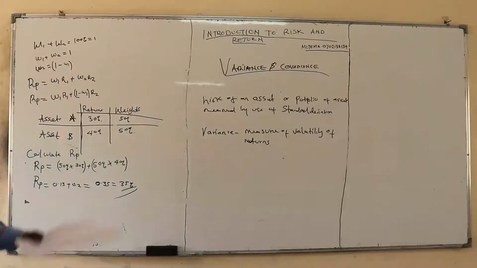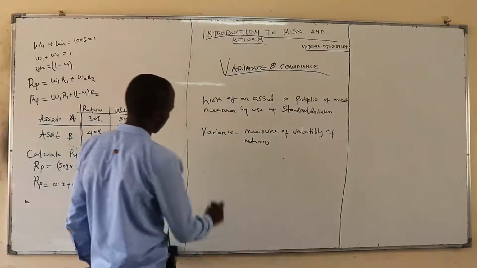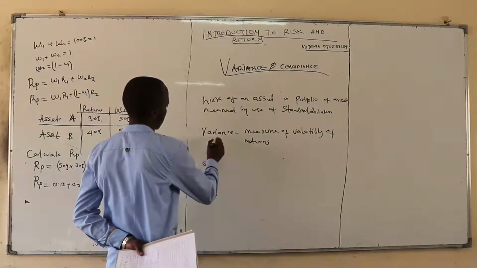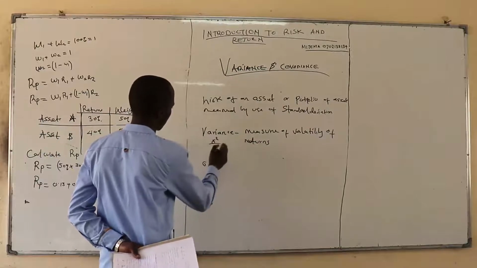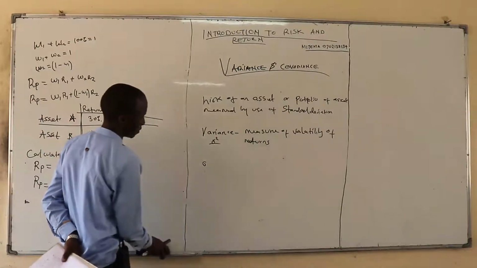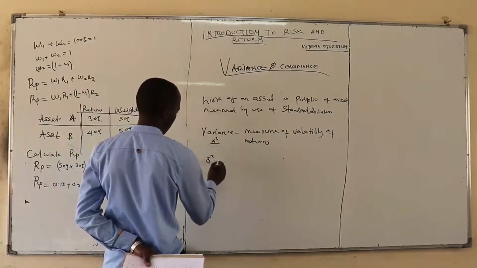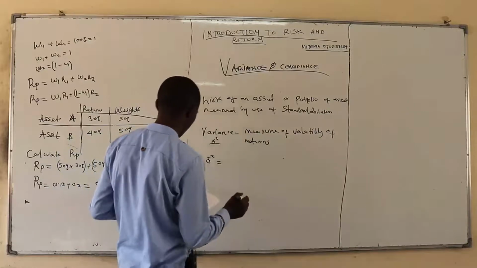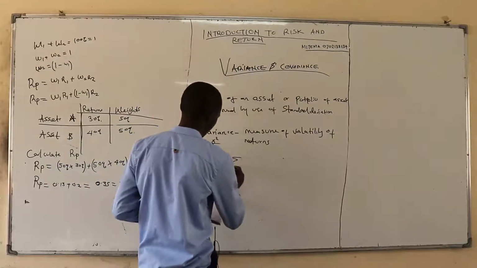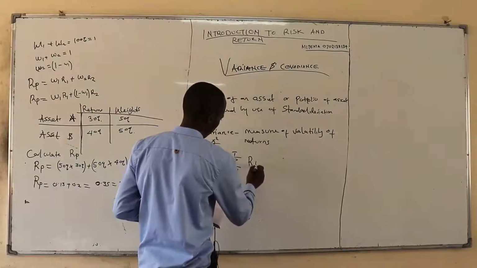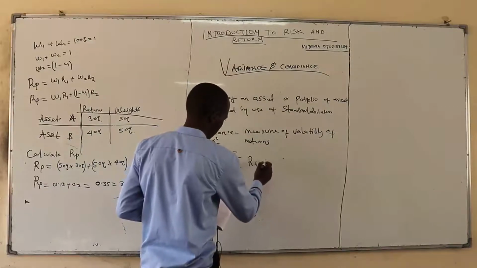So the variance of the returns, which we denote by delta squared, is equal to the summation of the return minus mu.